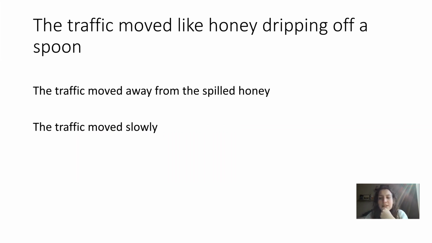It's taking the sentence we were given quite literally. However, the second sentence, the traffic moved slowly, seems more reasonable, and that's the answer. And that makes sense because if you have ever dripped honey off a spoon, you can see that it moves very slowly, like the traffic it's being compared to.